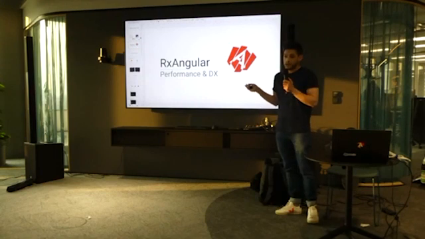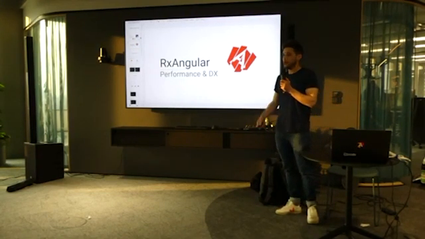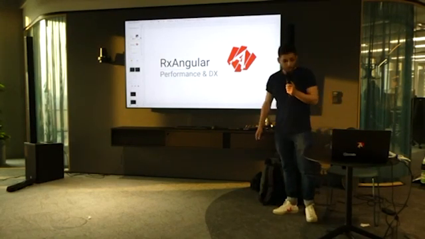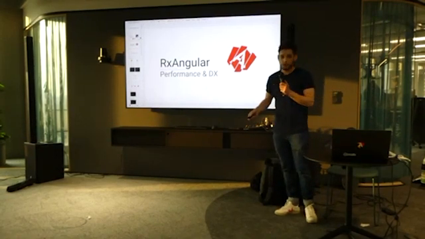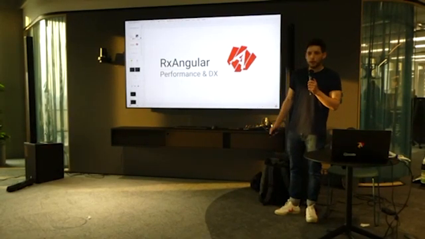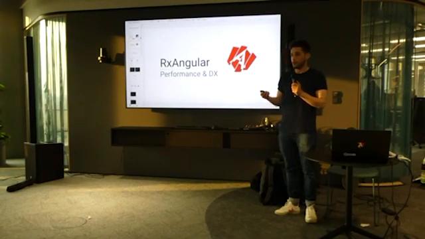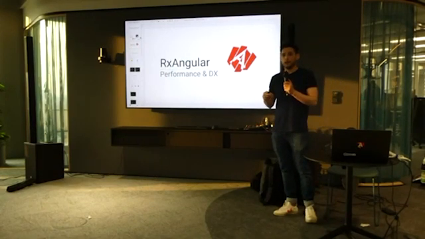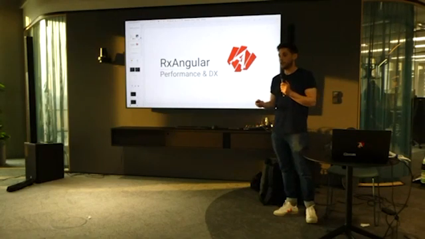And the rxAngular library is a library regarding developer experience and performance for Angular. So we not only care about runtime speed, we also care about developer speed. And when we're doing our work at Pushbase and working for different projects in different companies or for different customers, we usually try to find nice patterns to solve common problems in different applications.